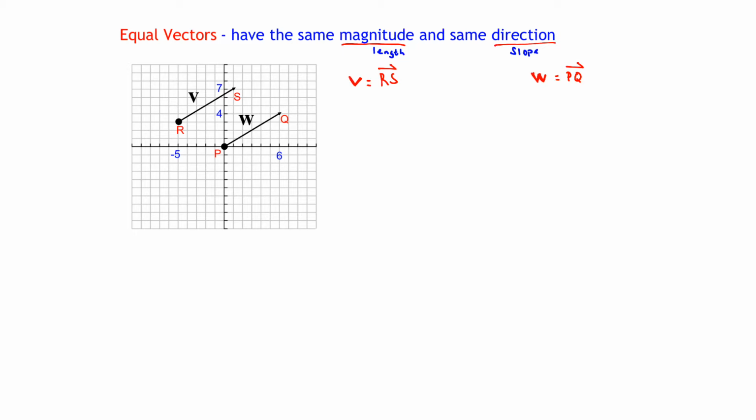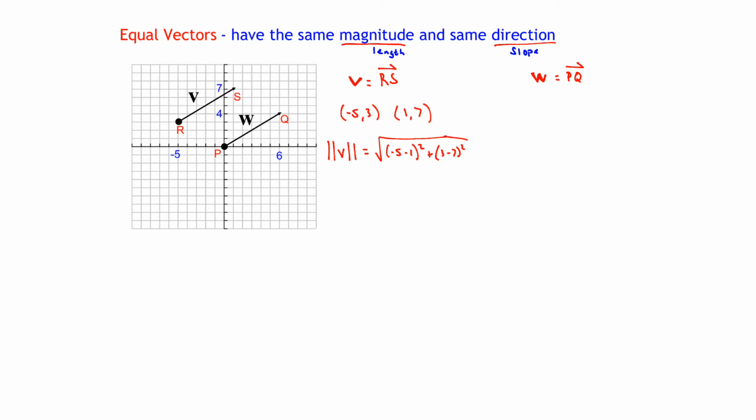So the point of R is at -5, 3, and the ordered pair for S is at 1, 7. So to find the magnitude of vector V, that's equal to the square root, we're using the distance formula, the change of x squared plus the change of y squared.